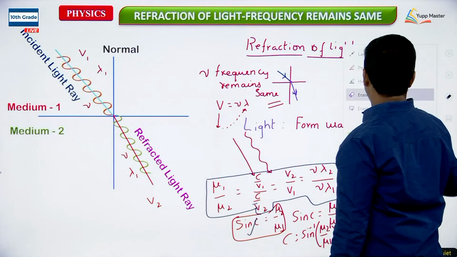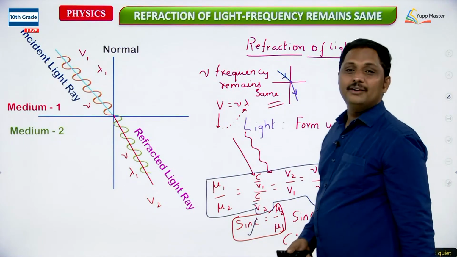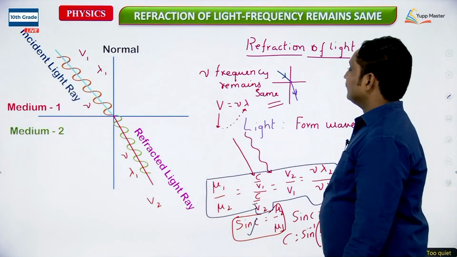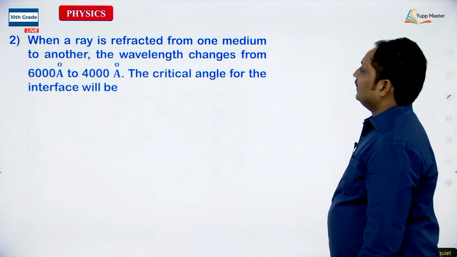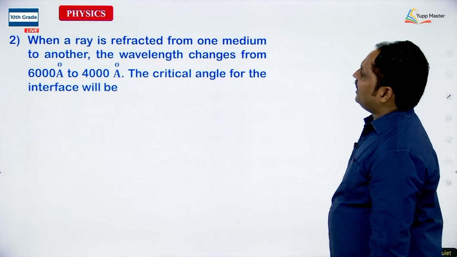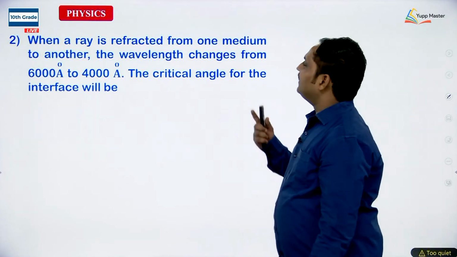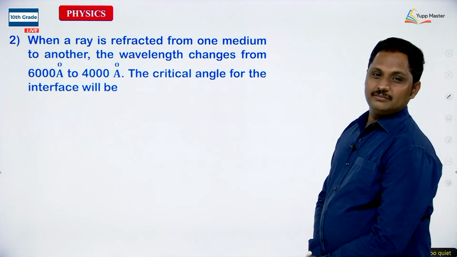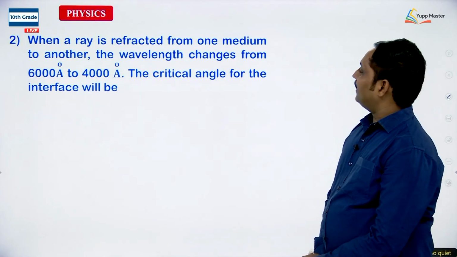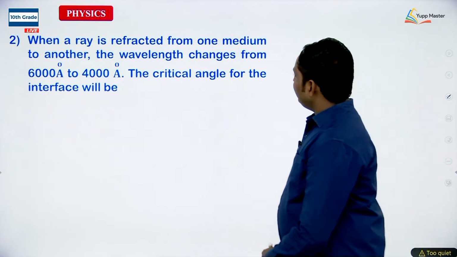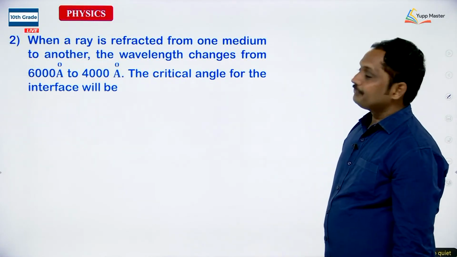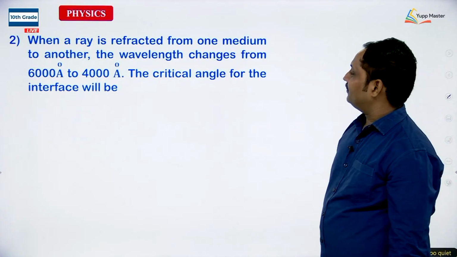And let us go for another one, a problem related to this topic. Yes. When a light ray is refracted from one medium to another one, the wavelength changes from 6000 angstrom to 4000 angstrom.